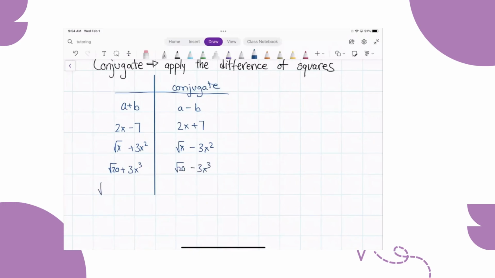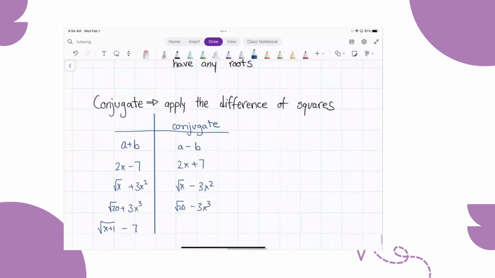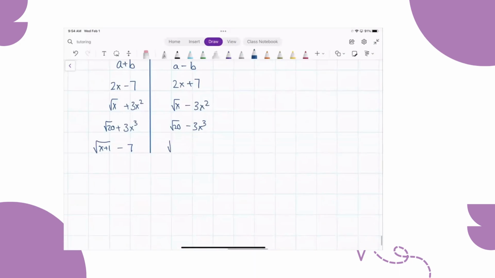What about if I had root x plus 1 minus 7? Root x plus 1 plus 7. Yeah. What about if I had x plus 2y minus 8? X plus 2y plus 8. Yeah.